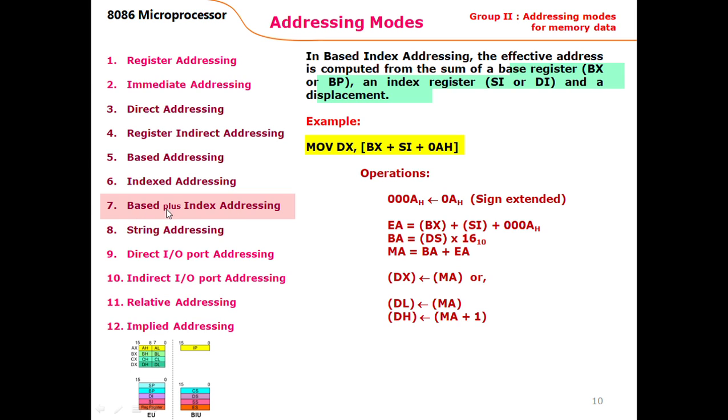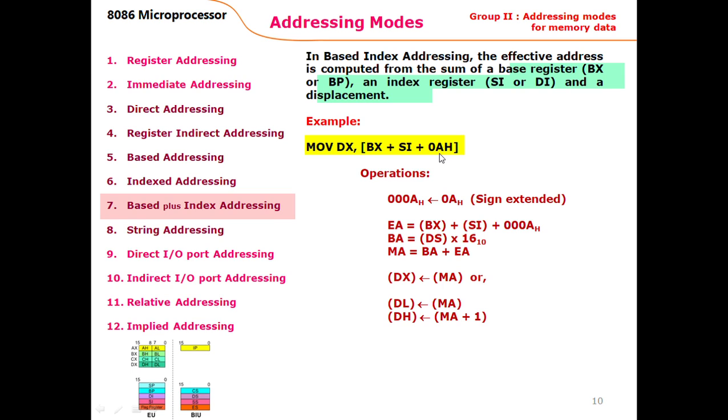The effective address is calculated by adding a value in the base register, which can be the BX register or the base pointer register, plus an index register, which can be a source index or a destination index, plus an 8-bit sign-extended displacement. So for this instruction, we take the sum of the values in the BX register, the SI register, and this 8-bit displacement.